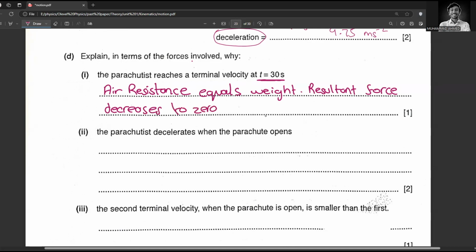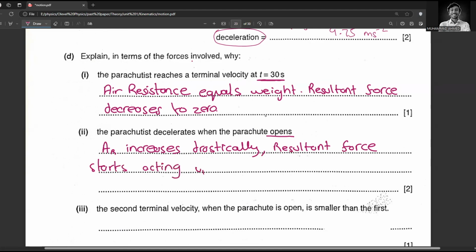Okay, the parachutist decelerates when the parachute opens. Why does the parachutist decelerate when the parachute opens? Air resistance increases drastically, and what happens? Resultant force starts acting upwards.